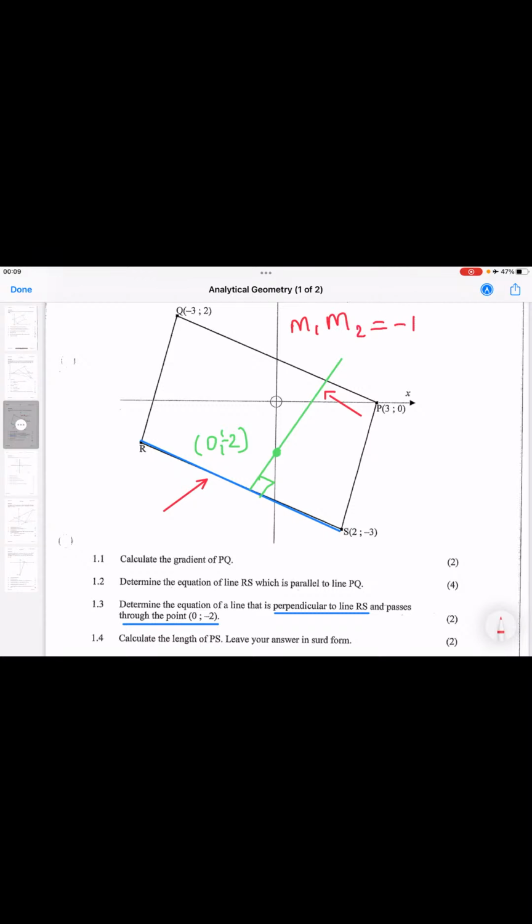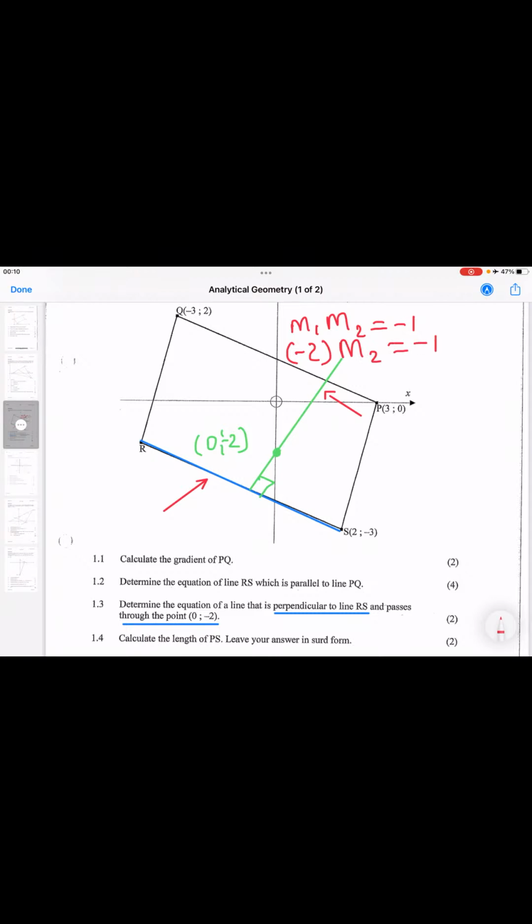Do we know the gradient of RS? Yes, we do. If you remember, I estimated it to be -2. So let's say it's -2. And then the gradient of the second line is unknown, but we can calculate it using this formula.